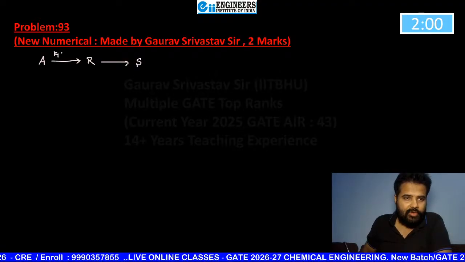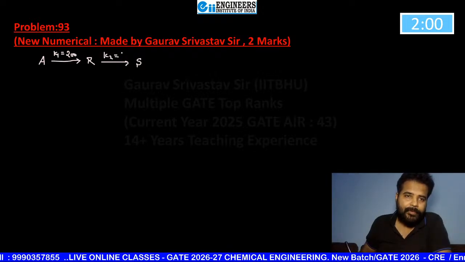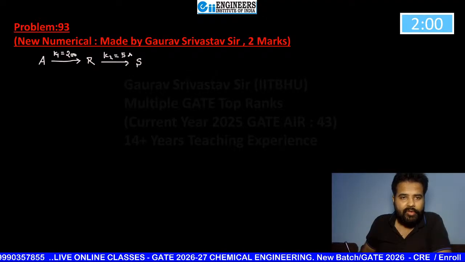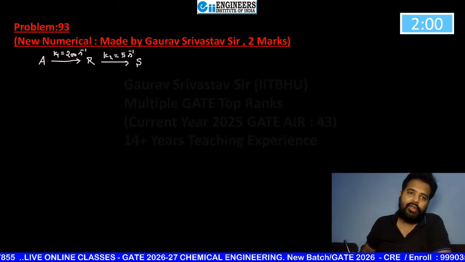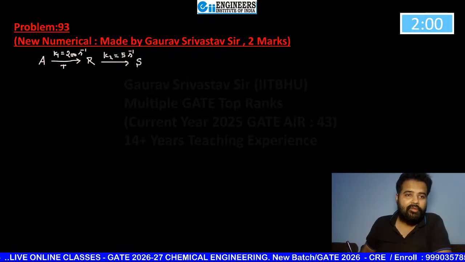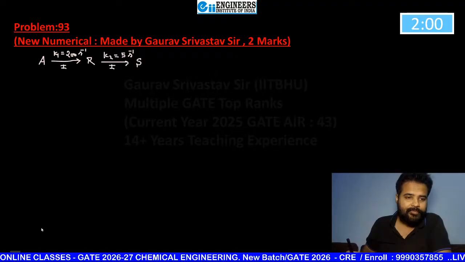The value of K1 is given as 200 and the value of K2 is given as 5, per second. So clearly both are first order reactions.